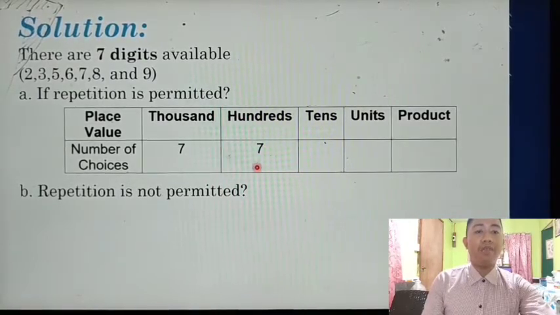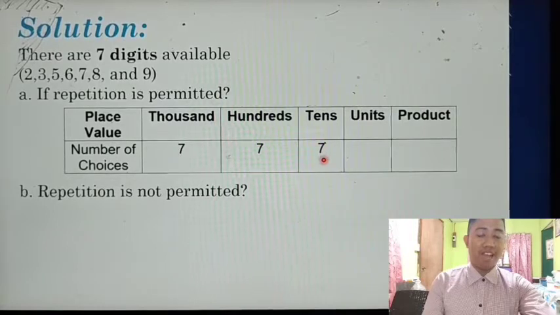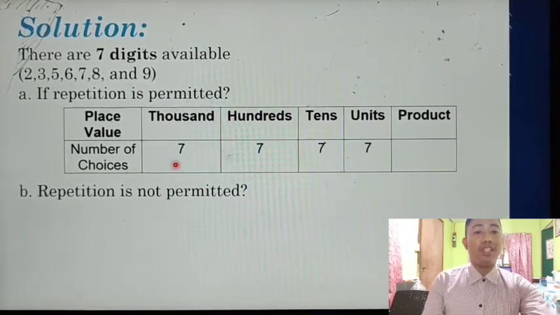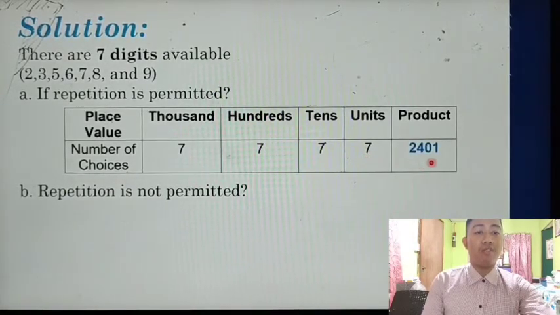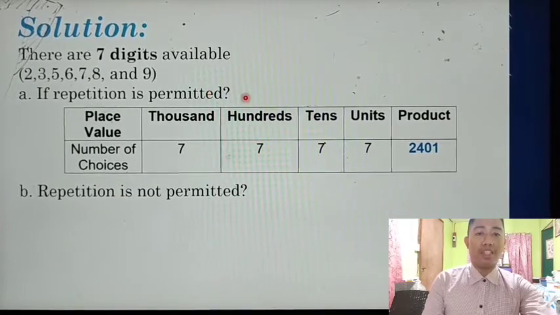At the same time, if necessary, any digit could be put on the tens place. So there are only 7. Same with the units. So we get the product, which is 7 times 7 times 7 times 7, which is 7 to the 4th power, or 2,401 4-digit numbers if repetition is permitted.